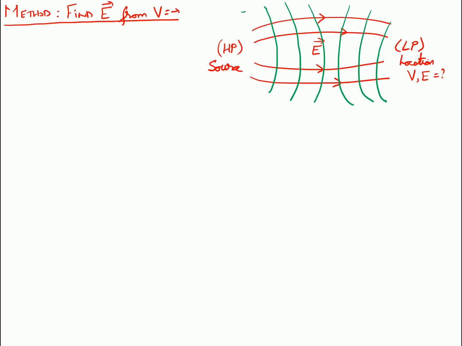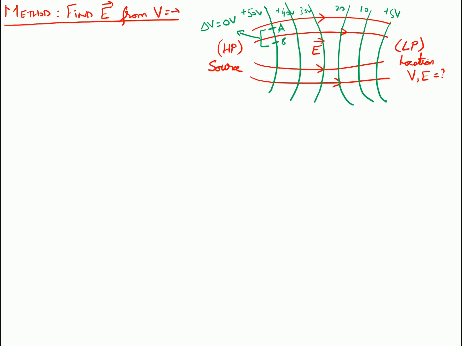Let us say the first equipotential surface is at 50 volts, the second is at 40 volts, this is at 30, 20, 10, and the last one, or the lowest potential, is at 5 volts. For this equipotential surface, if we select any points, let's say this is point A and this is point B, the potential difference between these 2 points, delta V, will always be 0 volts, or we say that A and B have the same potential.